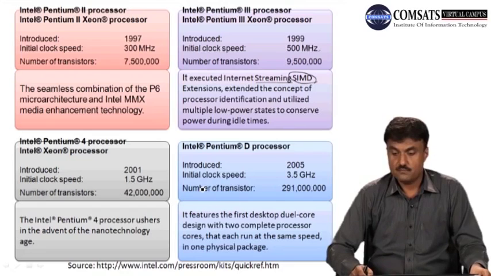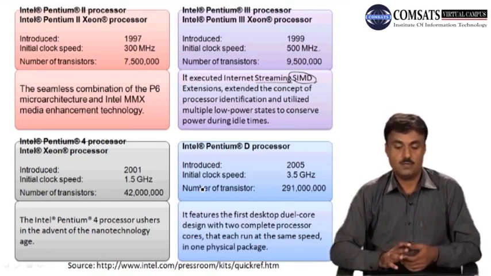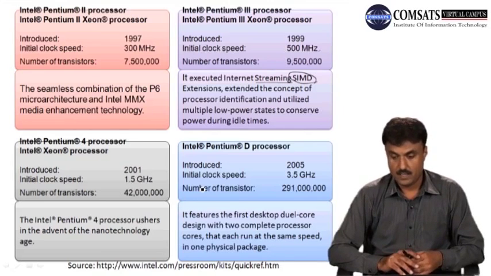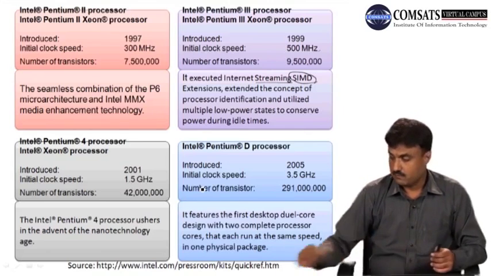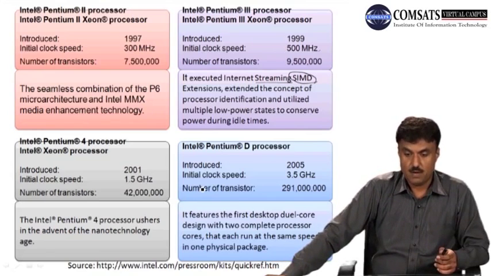It features the first desktop dual core design, with two complete processor cores that each run at the same speed in one physical package. So two identical processors in one physical package, and you can install it in your desktop or any other machine. So this is the complete lineup and introduction about the microprocessors manufactured by Intel.